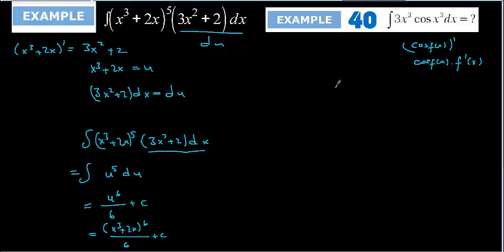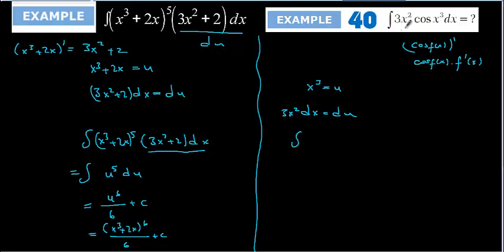First I'm going to choose u as x cubed, it's equal to u, then 3x squared dx is equal to du, and I'm going to arrange this equation like integral of cosine x cubed and 3x squared dx. I change the places, 3x squared and cosine x cubed here.